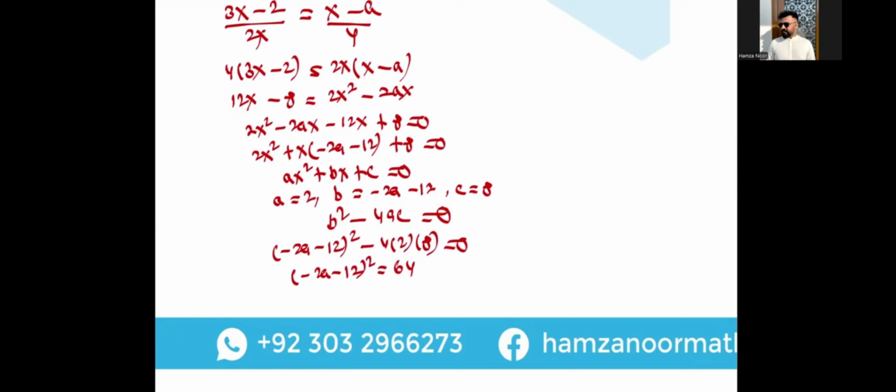If you don't expand this, you can take a square root on both sides in this step, that's also fine. So taking square root, minus 2a minus 12 is equal to plus minus 8, meaning plus minus under root of 64.